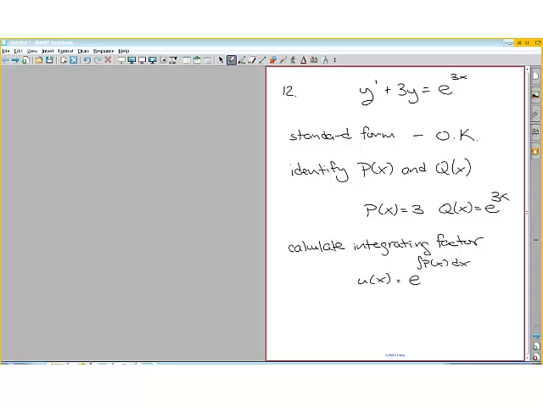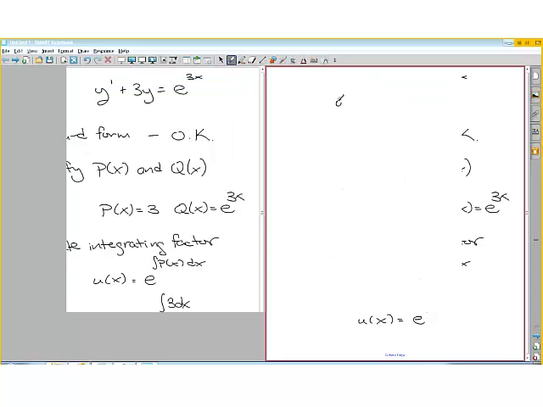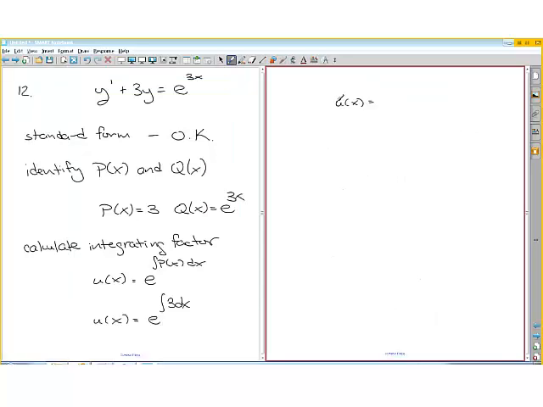So we just substitute in p of x, so we get e to the integral of 3 dx. And the integral of 3 dx is 3 times x, so we get e to the 3x.